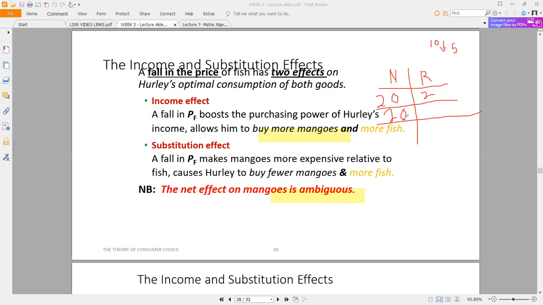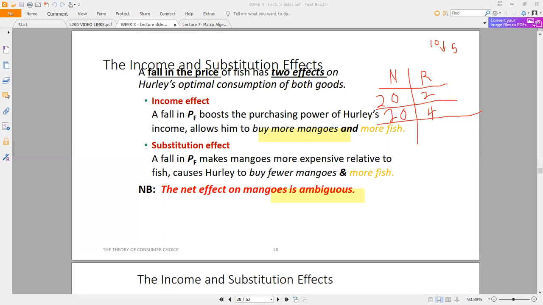So 20 divided by 5 is going to be 4. So if your income is 20, but now your price is 5, then you can buy 4 units. You see that there's an increase in your real income, so there's an increase in purchasing power. That is what the income effect measures. Whenever price falls, there's an increase in your purchasing power. In other words, your real income increases.